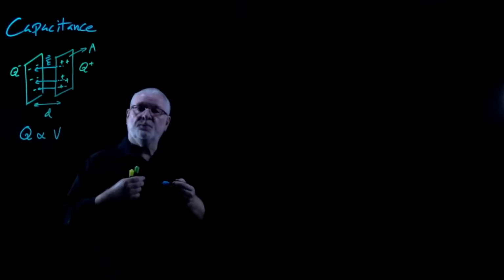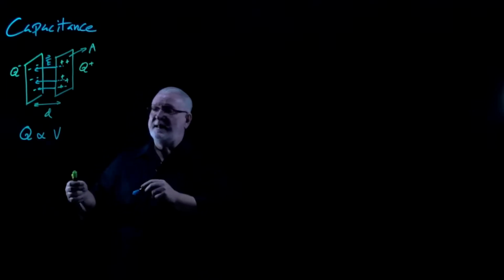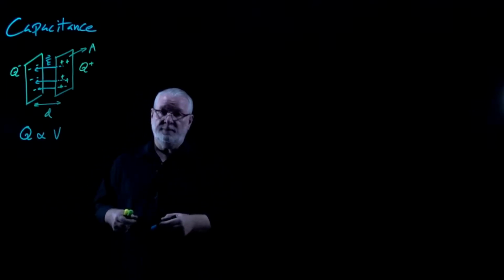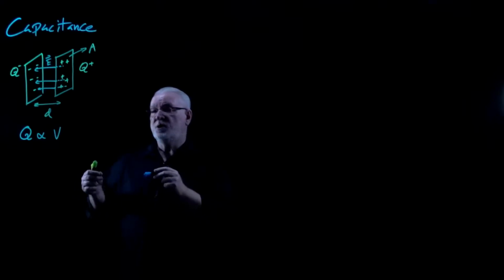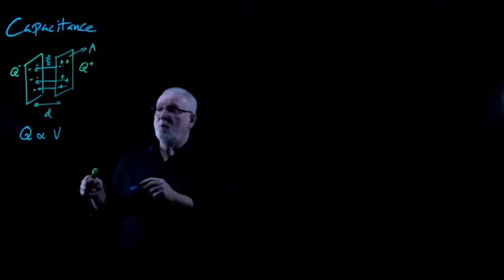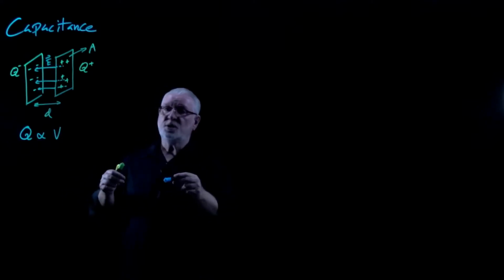Well, if Q is proportional to the voltage, then all I need to do is add in one additional variable, a constant of proportionality. I'm going to add that in on the V side, so that what we end up with is the charge as a function of the voltage.